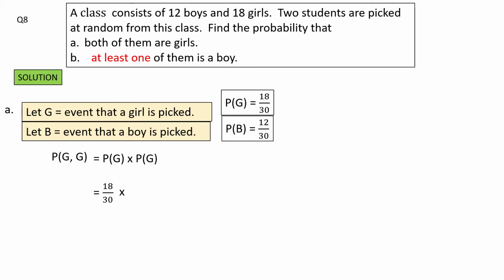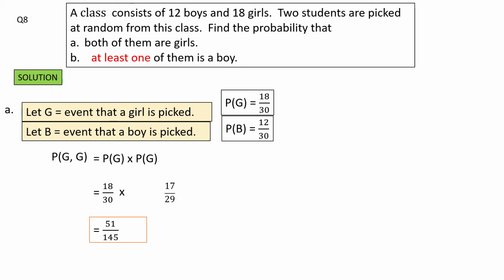Originally 18, since one girl has already been chosen, another 17 are left, and the total number of students also reduces by 1, therefore 29 are left. So that is why for the second time choosing a girl, the probability will be 17 over 29. You can simplify this to get the answer.